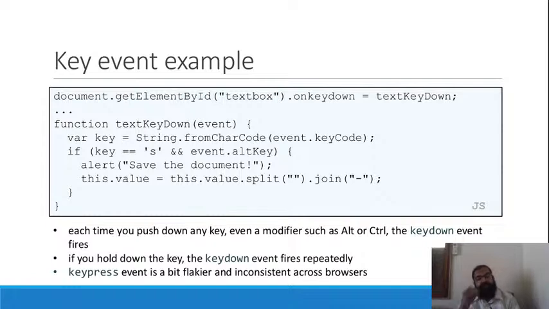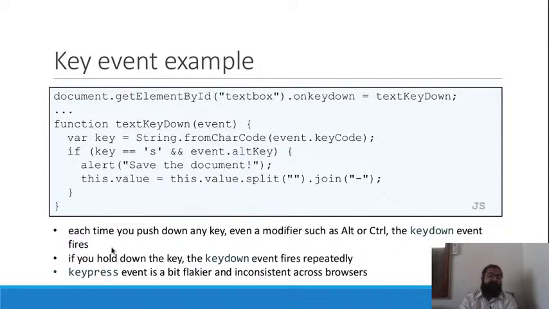If key is equal to s and event.altKey is pressed at this point, then you have to save the document. Each time you push down any key, even a modifier such as alt or control, the key down event fires. If you hold down the key, the key down event fires repeatedly.